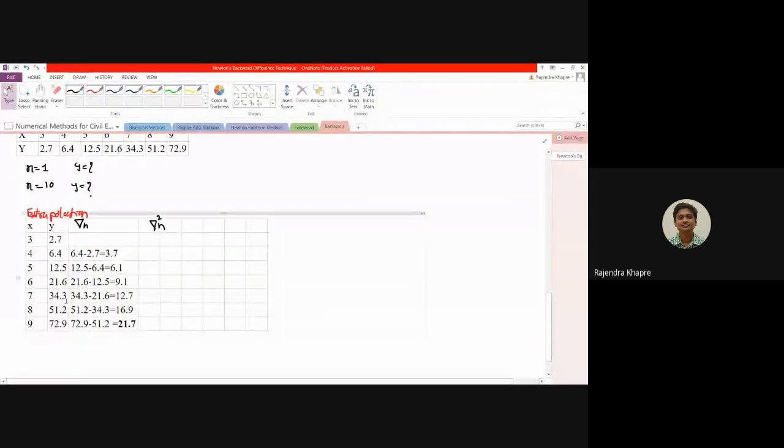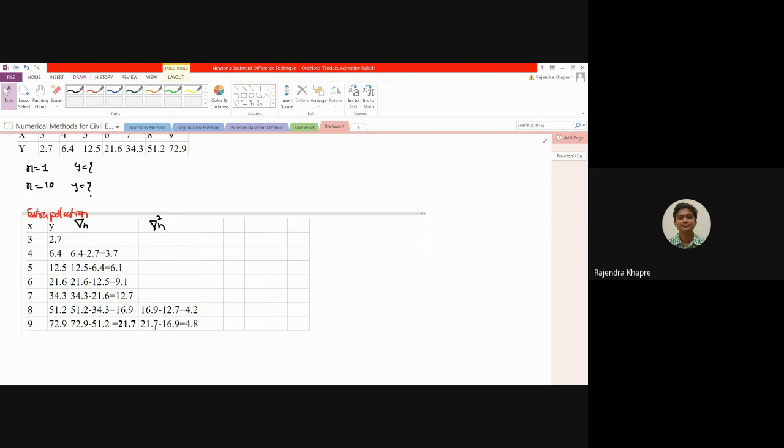Okay, so in this case this will be something like 21.7 minus 16.9, that is the next value. How much is this? 4.8. Okay, so this is 16.9 minus 12.7, that is 4.2.